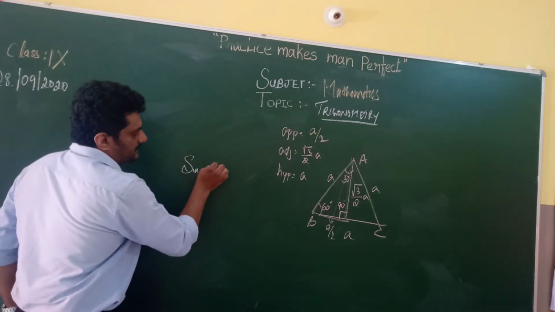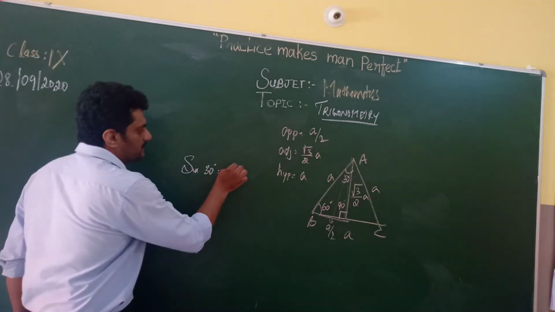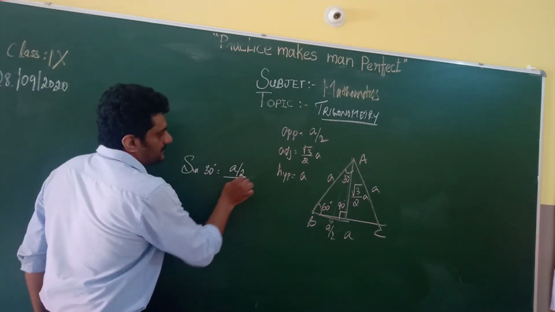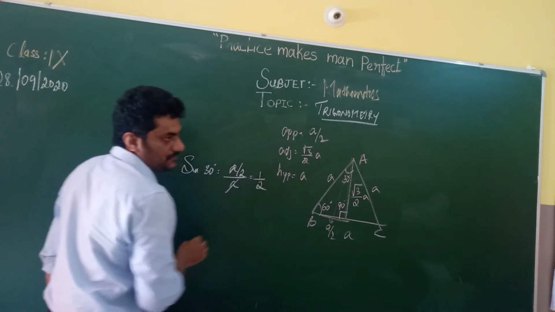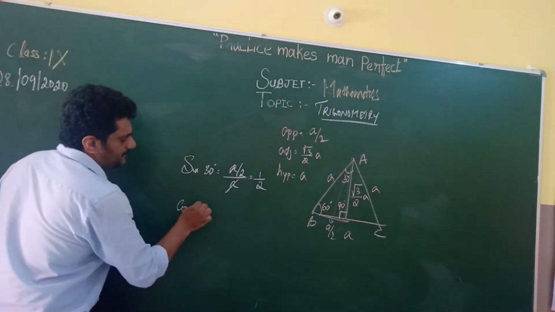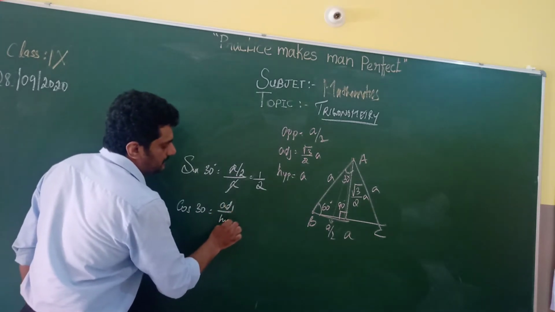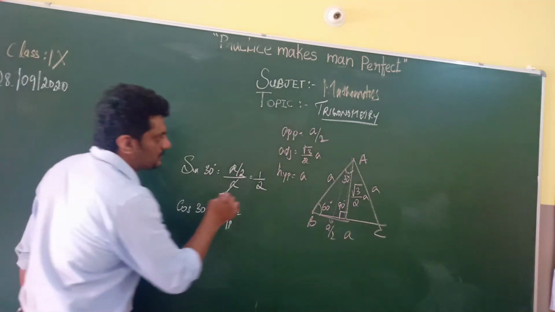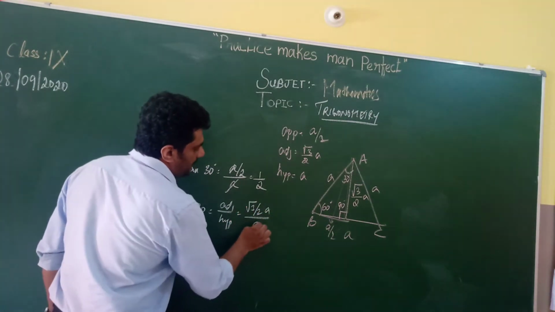Sine 30 degrees is opposite by hypotenuse. What is opposite? a by 2 divided by a. Let's cancel. You get 1 by 2. Similarly, cos 30 is adjacent by hypotenuse. Adjacent is how much? Root 3 by 2a divided by a.